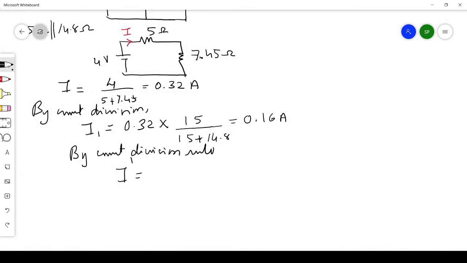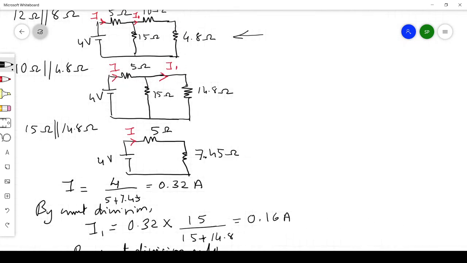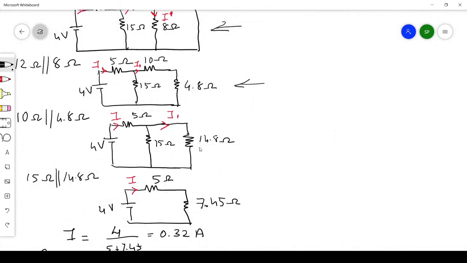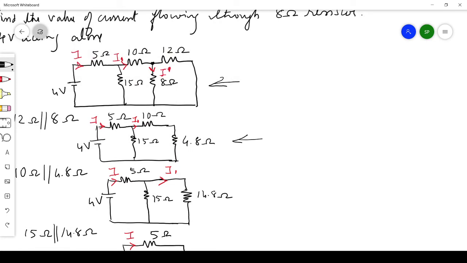I dash is equal to the total current, 0.16 ampere, coming here, into the resistance of the other branch. What is the resistance of the other branch? 8 ohm and 12 ohm are connected in parallel, so the resistance of the other branch is 12 ohm divided by the total resistance, that is 12 plus 8.